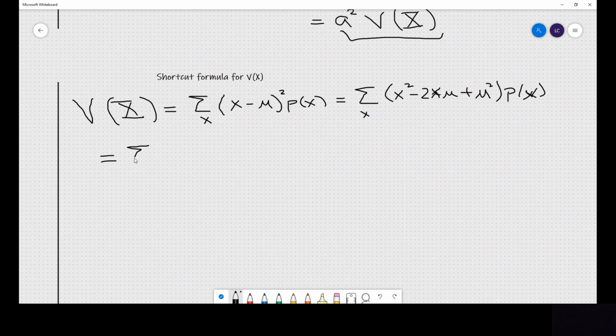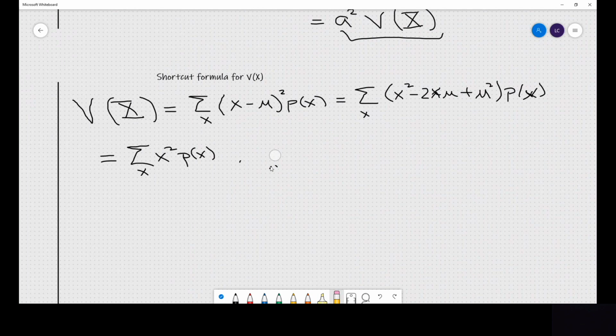So it becomes the sum of x squared, bringing the p of x in, and then minus. So here I'm bringing out this constant mu, because it doesn't have an x in it. Oh, there's two of them. 2 mu. So let me just go ahead and fix all that.